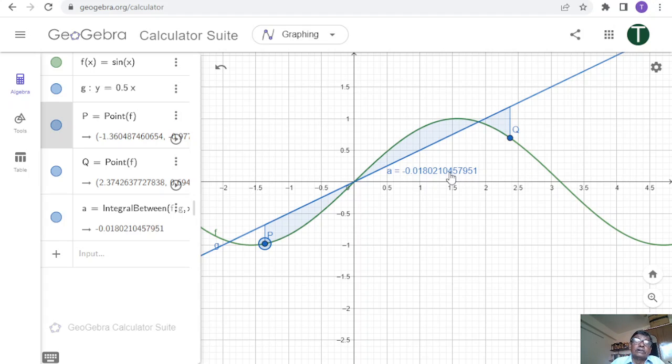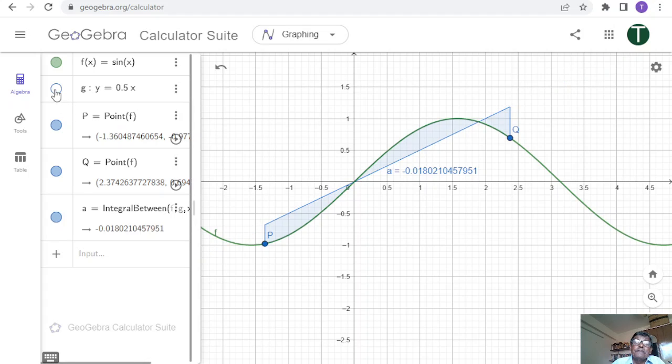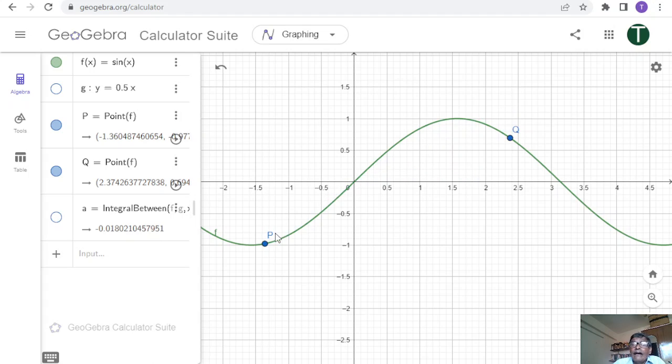And of course, you can integrate the sine function under the x-axis. If you want to do that, suppress this g. I don't want it. And also suppress this integral instruction. And then what should I do? I should create a function here which will be the x-axis.